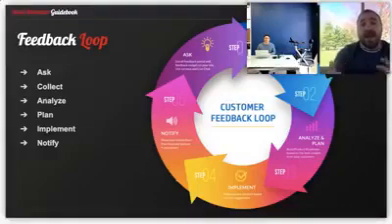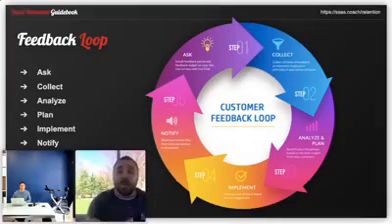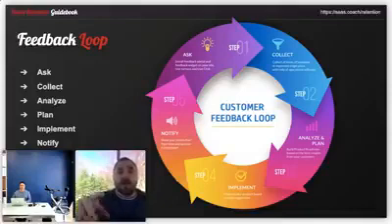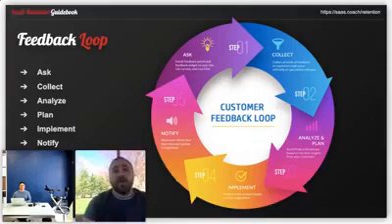That could be data and analytics like we talked about previously, but a big part of it is the feedback piece, so that in the analyze and plan steps, you're not looking just at analytical data, but also this customer feedback, so that you can make the changes and continue to evolve the application.